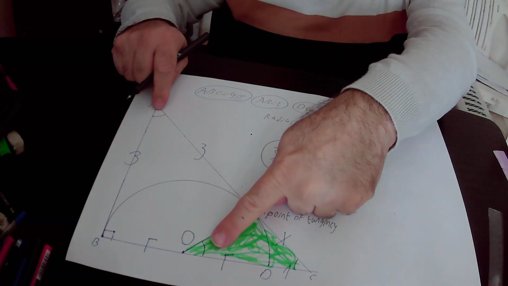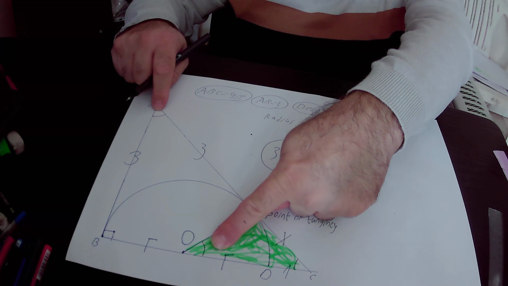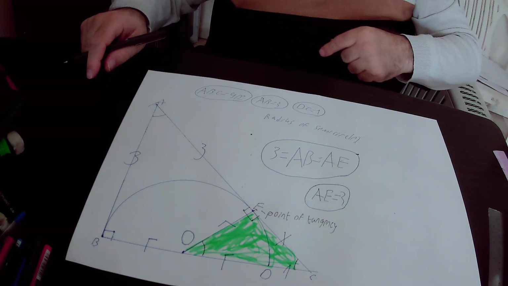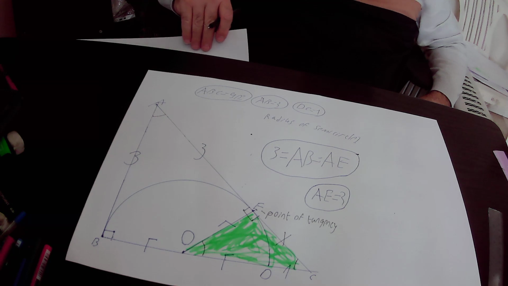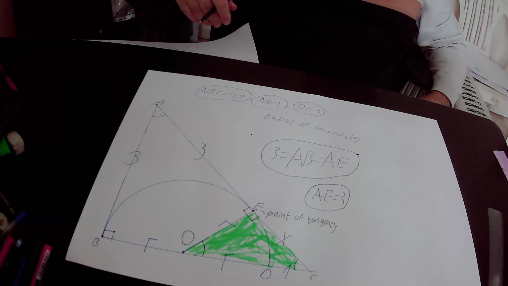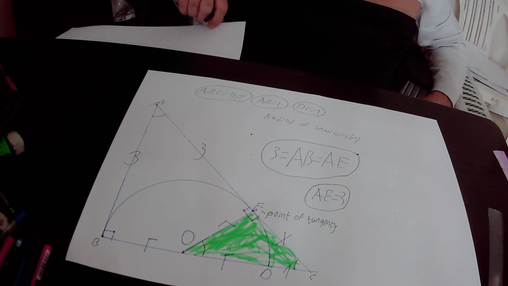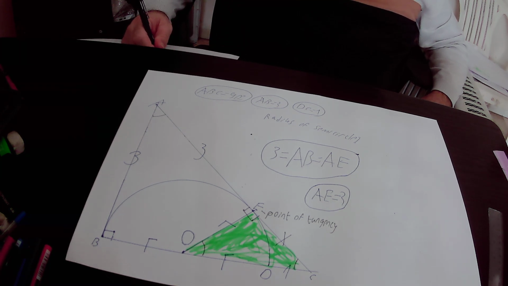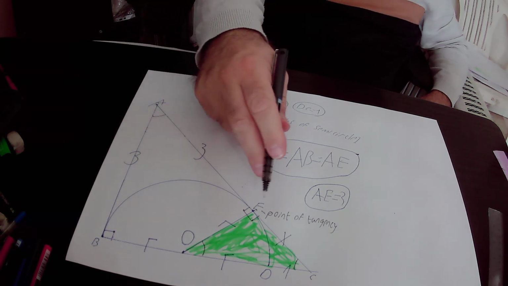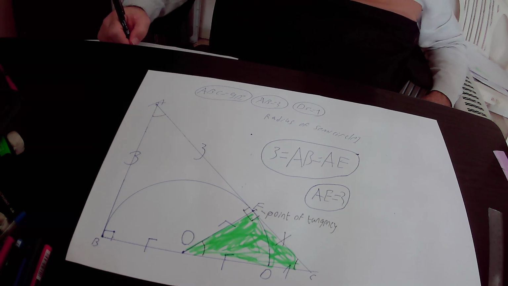Those two angles are equal to each other according to the third angle theorem. So I will write it down. Angle BAC in triangle ABC is equal to angle EOC in triangle EOC.